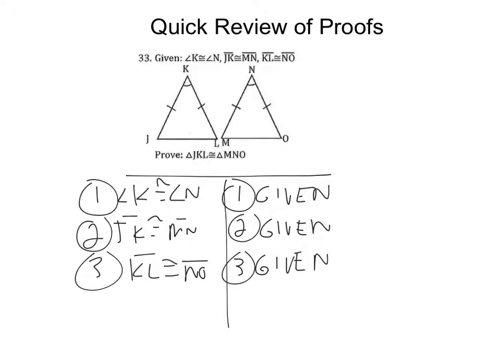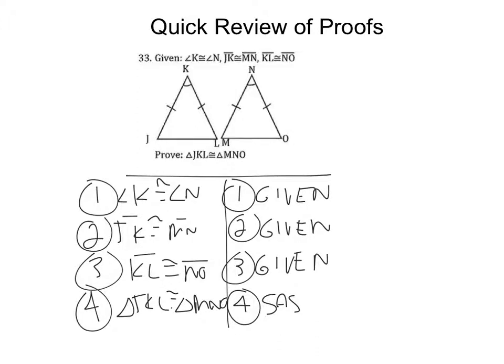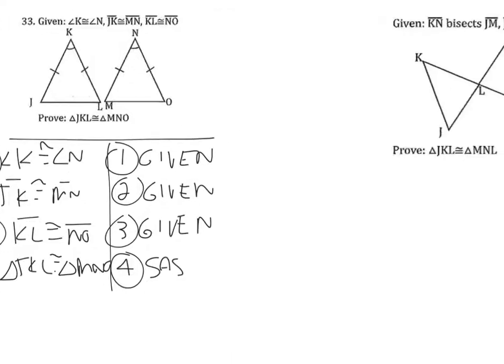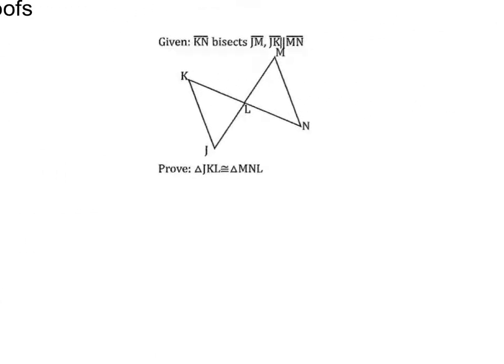And just from my given statement, I know I can say yes, my triangles are congruent. Triangle JKL is congruent to triangle MNO by side angle side. You should at least recognize that and know what it means.